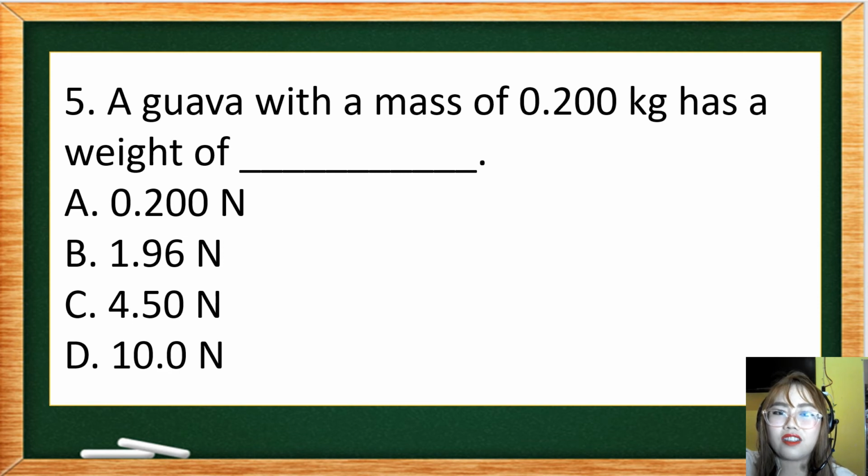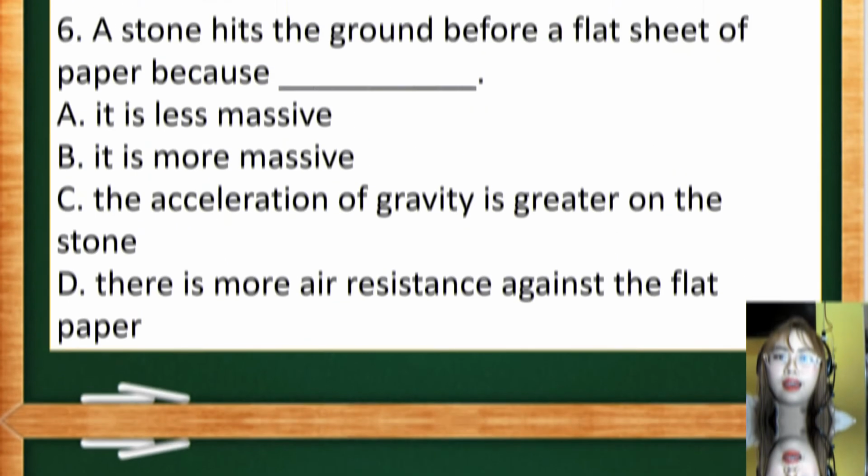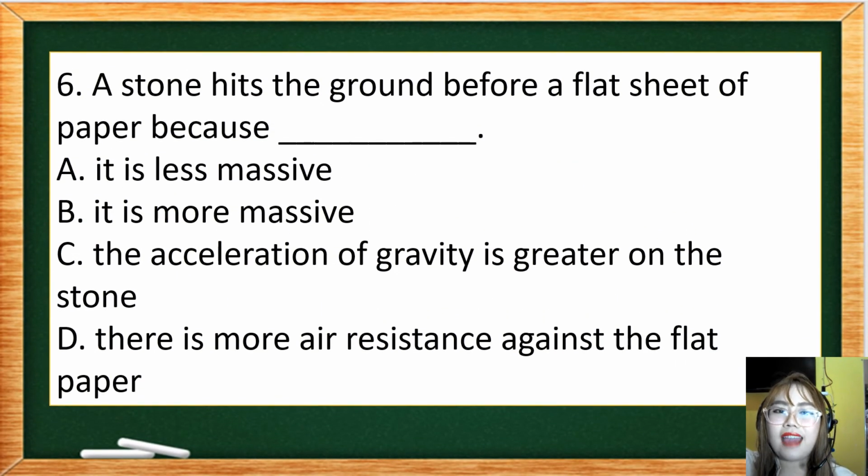A. 0.200 Newton. B. 1.96 Newton. C. 4.50 Newton. Or D. 10.0 Newton. Number 6. A stone hits the ground before a flat sheet of paper because of blank.